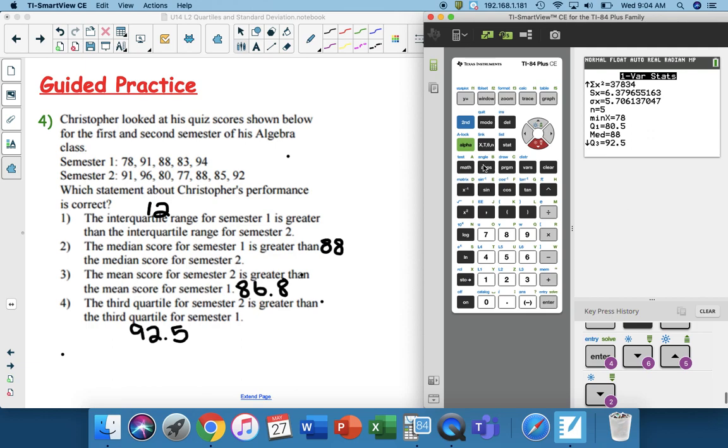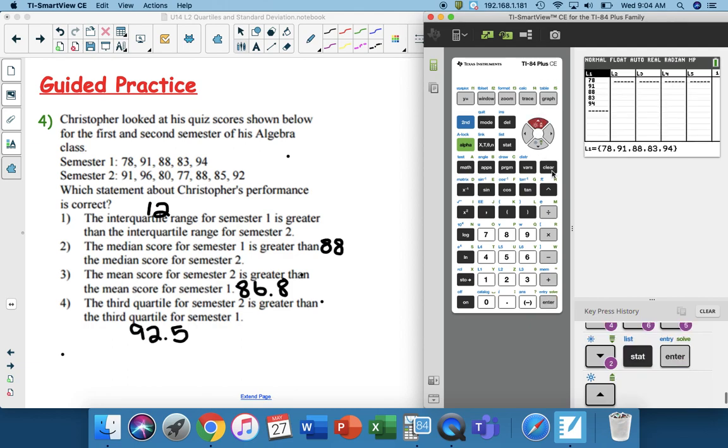Now let's look at semester 2's grades. So go stat, clear out L1, and let's type in semester 2. So we have a 91, 96, 80, 77, 88, 85, and a 92.